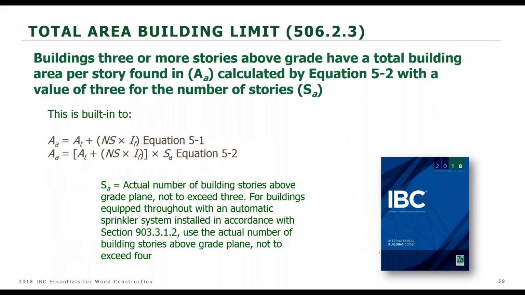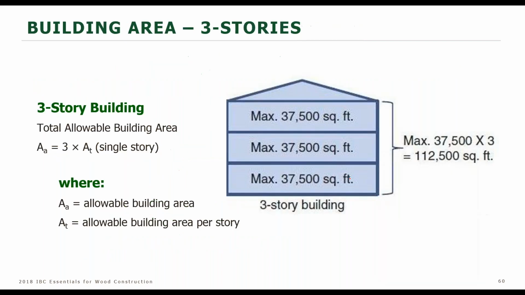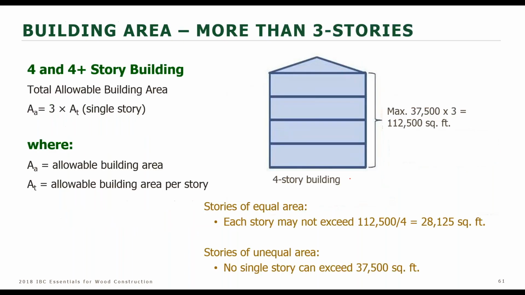Now, total building area limit. I mentioned this. It's this factor right here in Equation 5.2 of the code. It works like this. So you calculate the allowable area per story, and in this case, if you had 37,500, and then if you go beyond 3 stories, you've got to split that up.